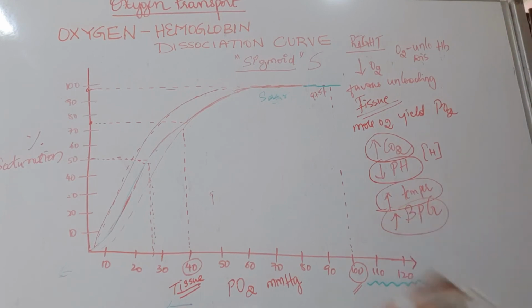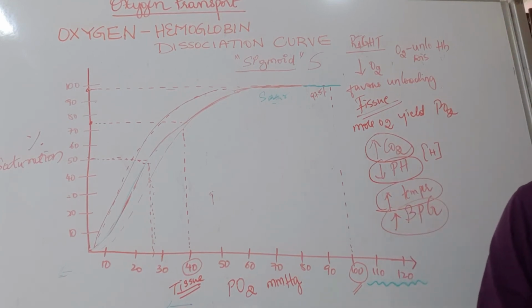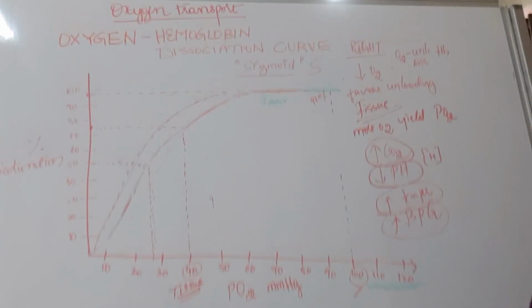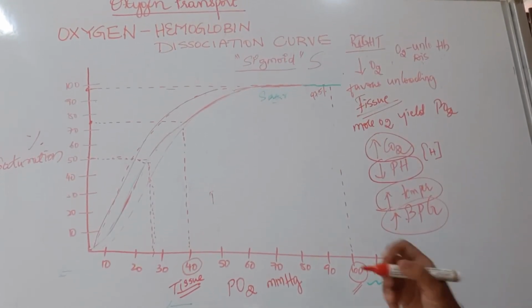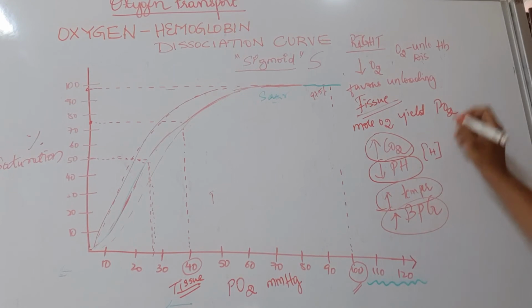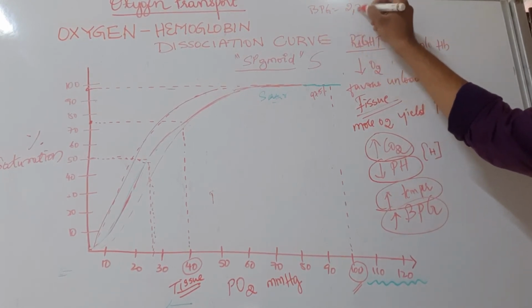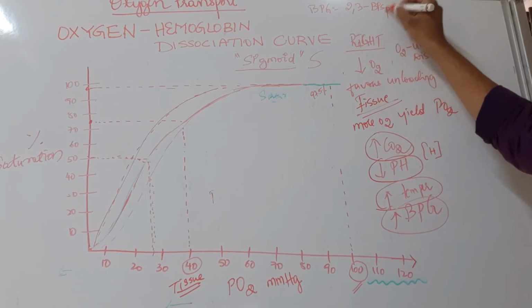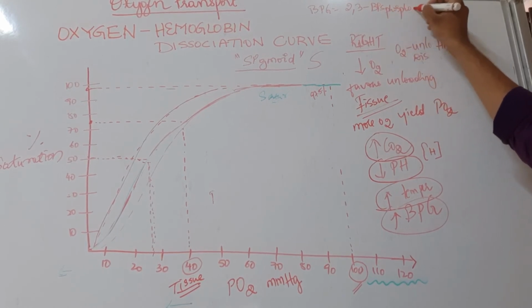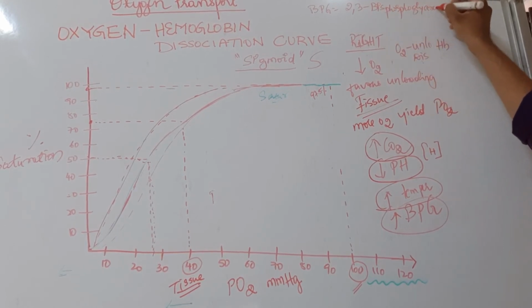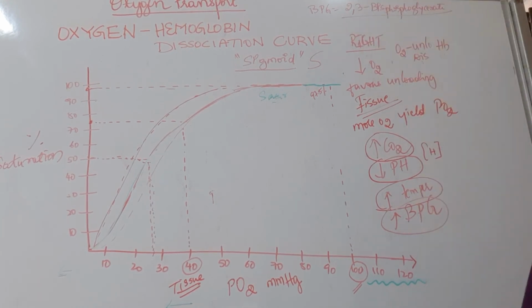Coming to the word BPG, it is the bisphosphoglycerate. BPG is referred to as 2,3-bisphosphoglycerate. So, what is it?